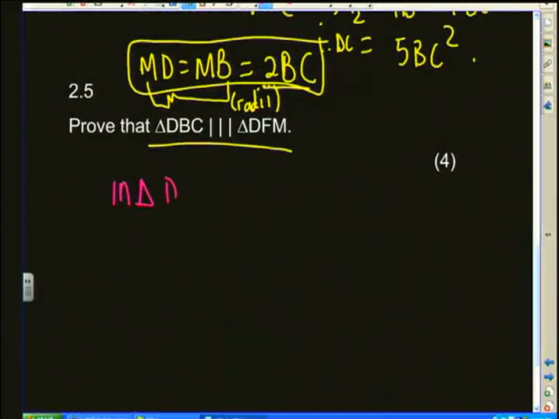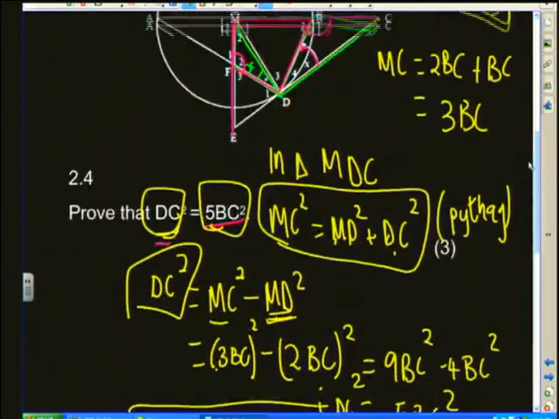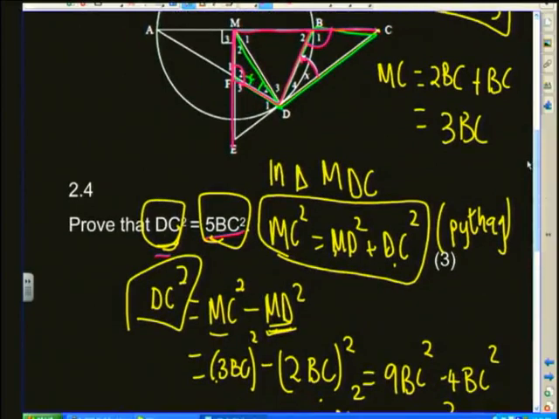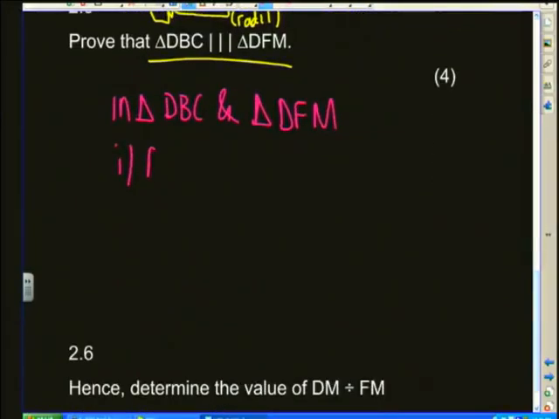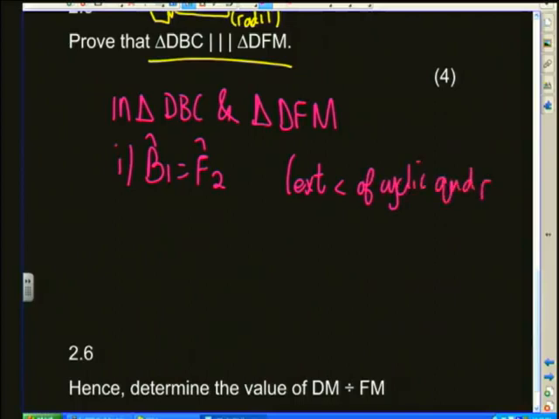So in triangle DBC and triangle DFM, first thing we know: angle B1 is equal to angle F2, and it's exterior angle of cyclic quad FMBD. Exterior angle of cyclic quad is equal to interior opposite angle, so those two angles are equal.